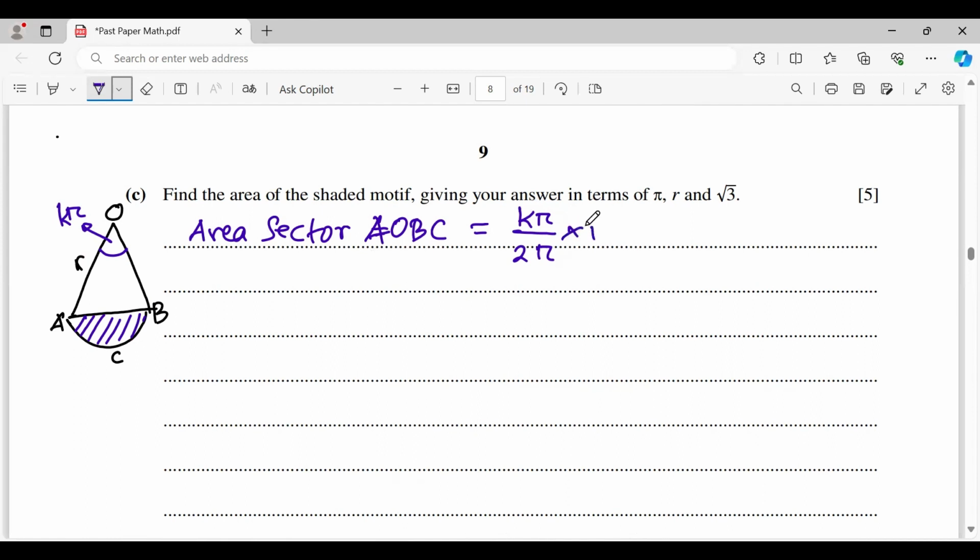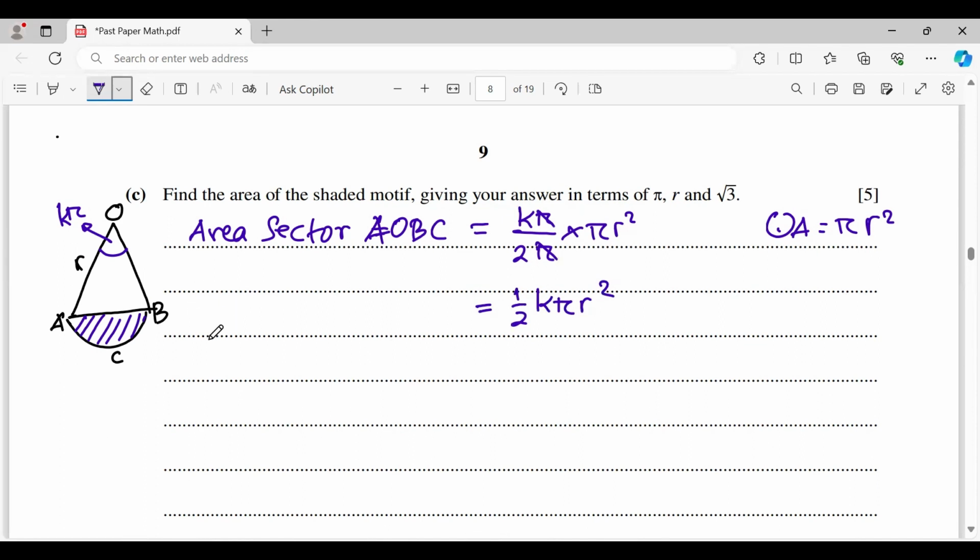This is the area of the circle, the circle area, pi r squared. That means the sector area is angle over 360 times pi r squared, or angle over 2 pi. So divided becomes half k pi r squared.